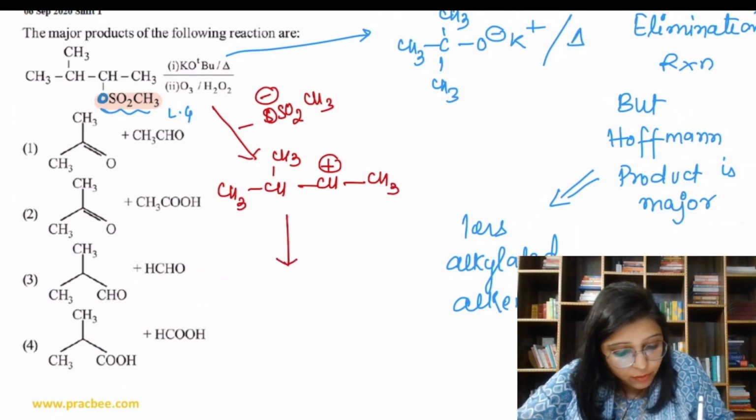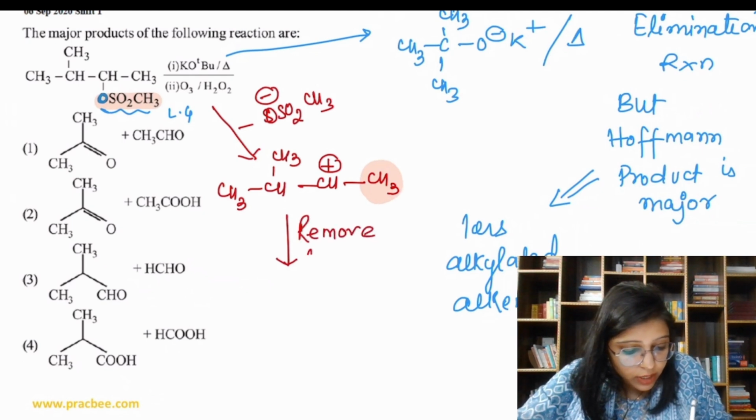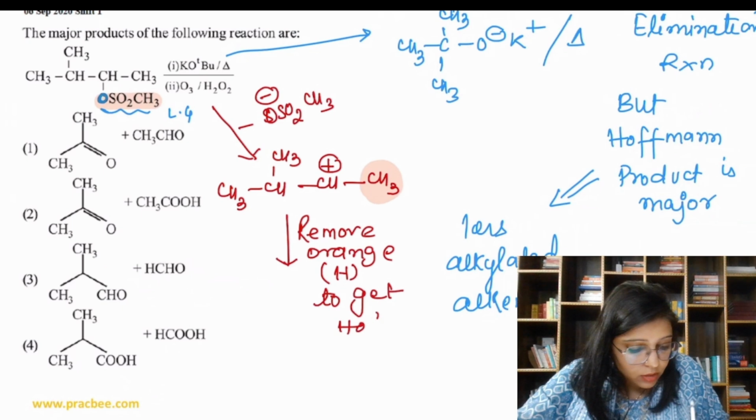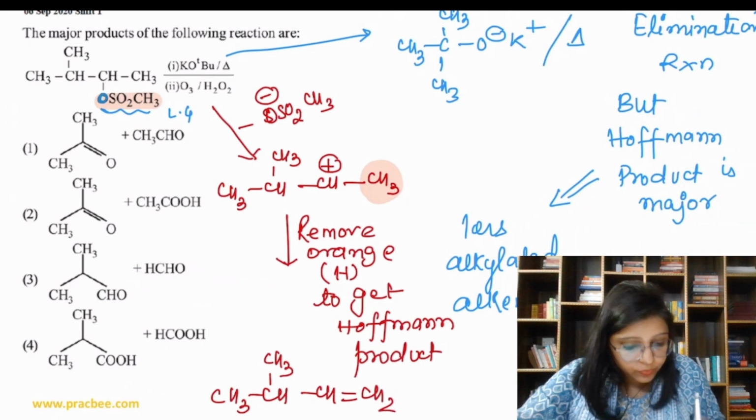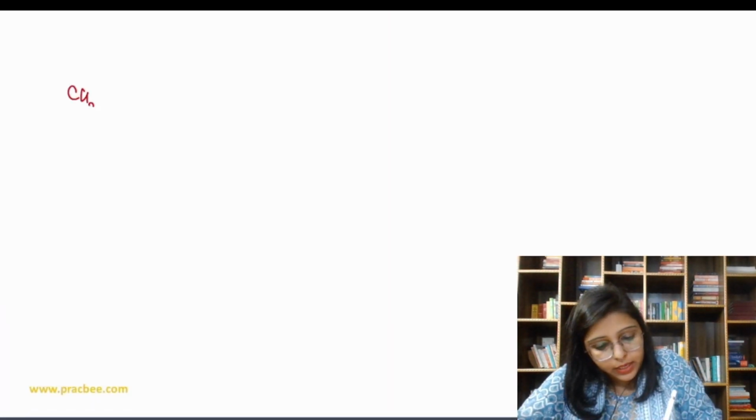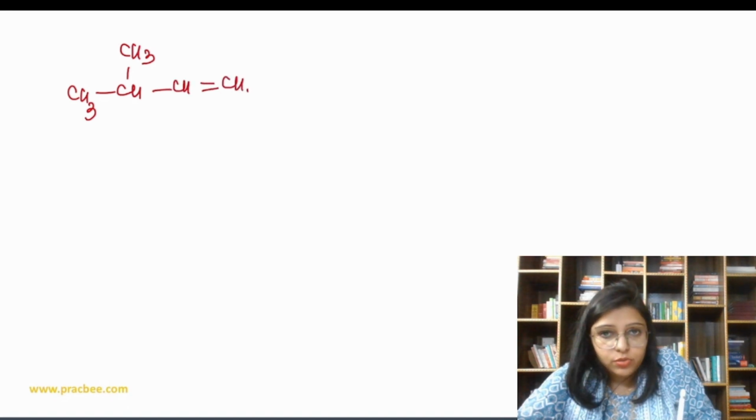So obviously we have to remove this hydrogen, the orange hydrogen, to get the Hofmann product. So what do we get? We get CH3, CH, CH3 and then CH double bond CH2.